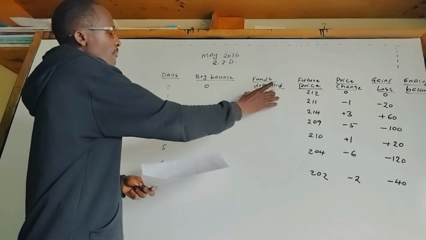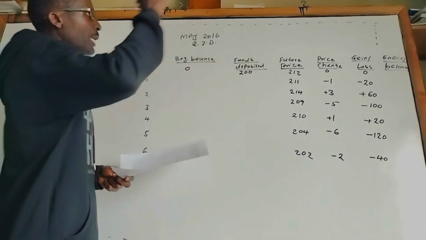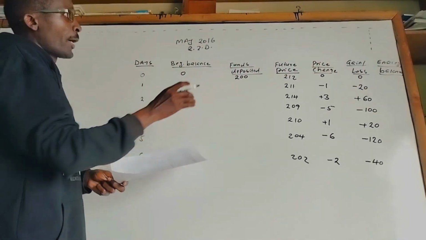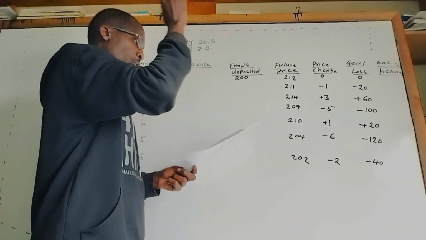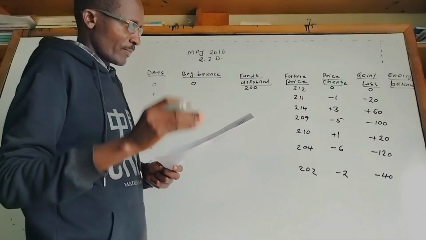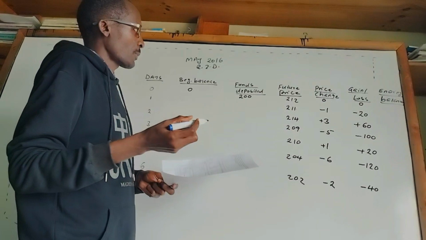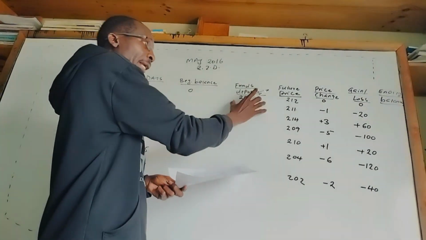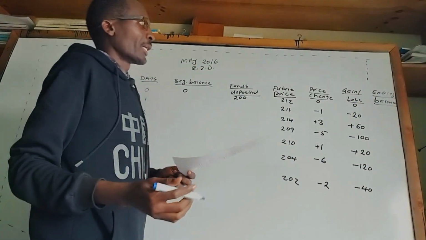Now here, these are funds deposited at the start. What is our ending balance? Because we started with 200, remember, we have 20 contracts times the initial margin requirement of 10, as per the question. So 20 times 10 is 200. There is neither loss nor gain.